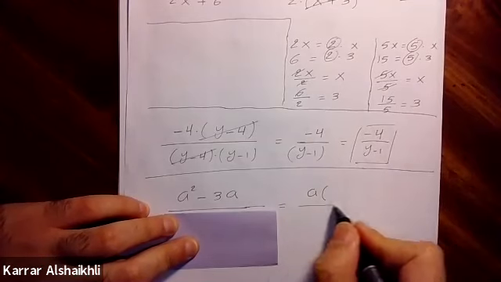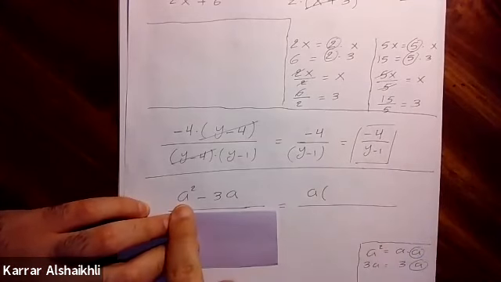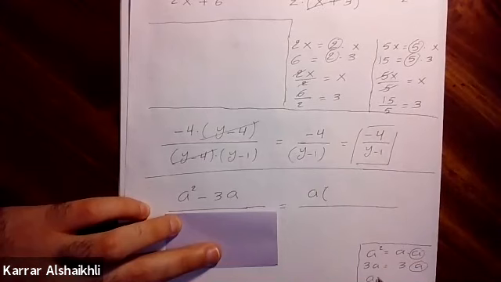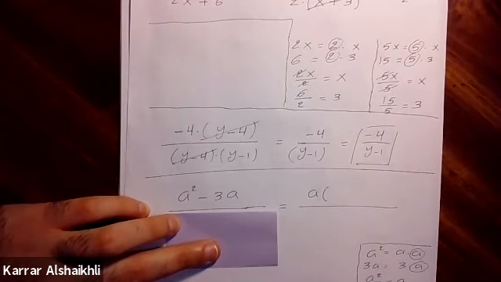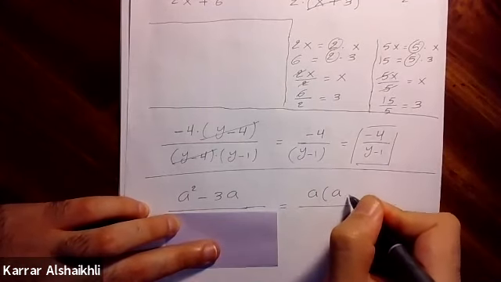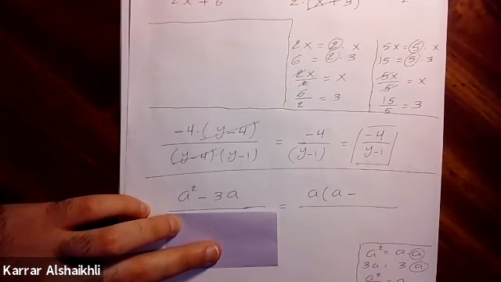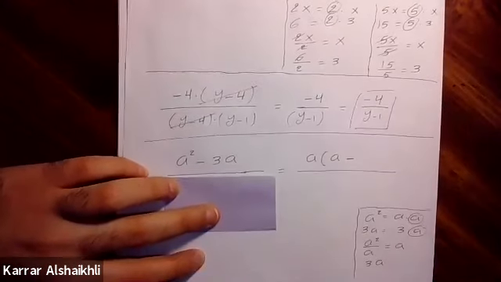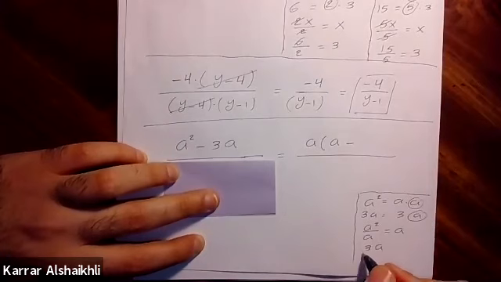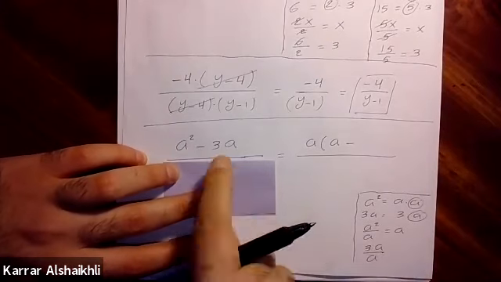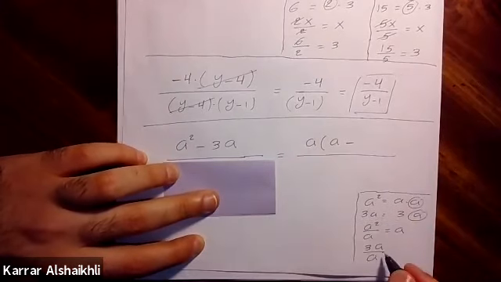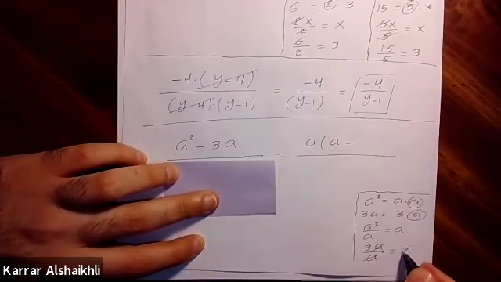Now I'm going to divide. A squared divided by A is going to be A. So here's another A, minus 3A divided by A. You can cancel the A, so it's going to be 3.